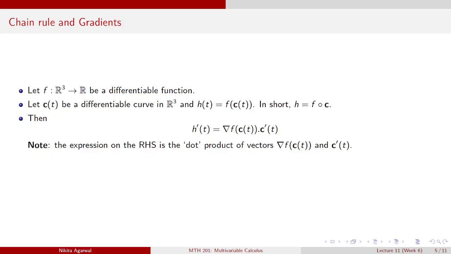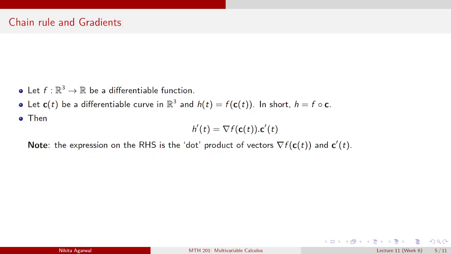So by chain rule, you know that h prime t is nothing but gradient of f at c(t) dot with c prime t. Right? So earlier when we were talking about chain rule, we wrote in terms of matrices. Okay? So there grad f was a row vector and c prime t was a column vector.